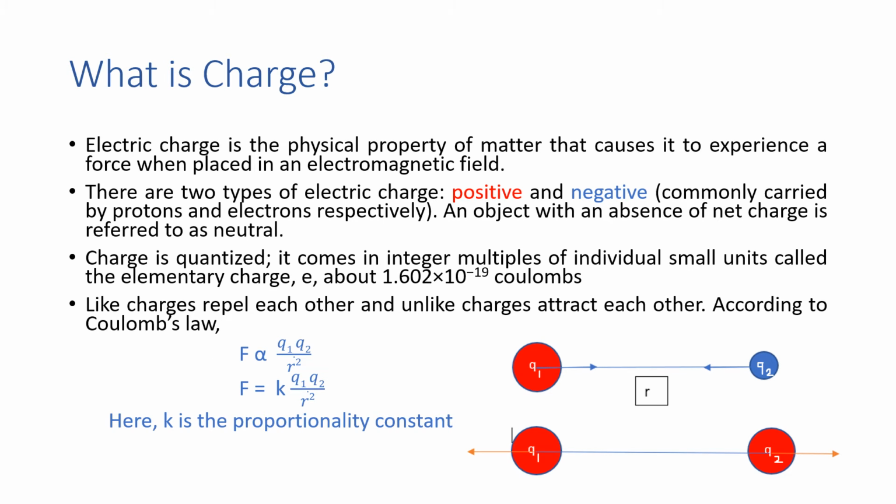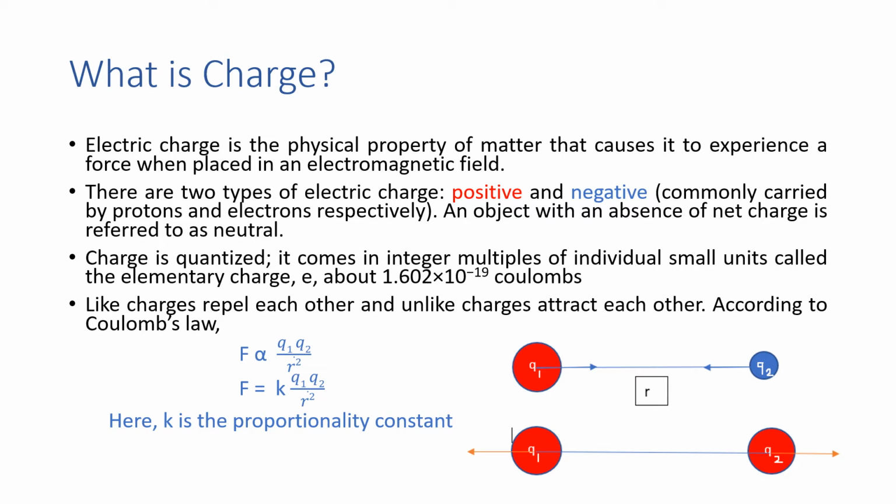So the first question is definitely, what is charge? Electric charge is the physical property of matter that causes it to experience a force when placed in an electromagnetic field. We can compare this property with mass, which is also a physical property of matter, which causes it to experience a force when placed in a gravitational field.